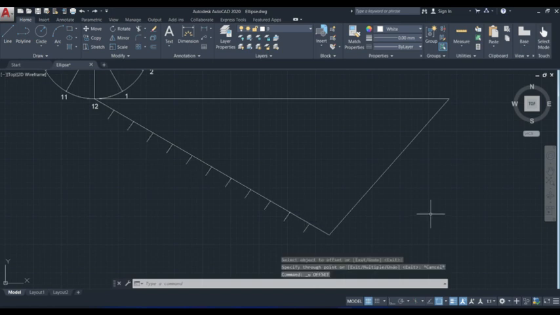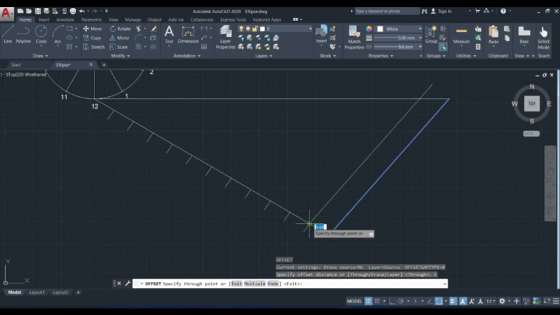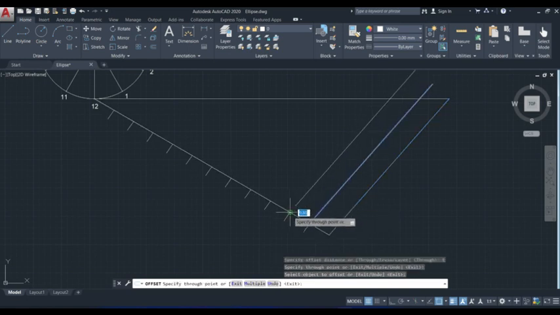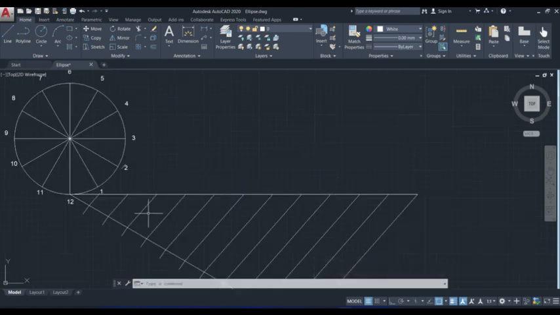Next step is we have to draw lines parallel to this particular line, connecting each and every division on this line. Now we have to mark points on each and every division on the line.